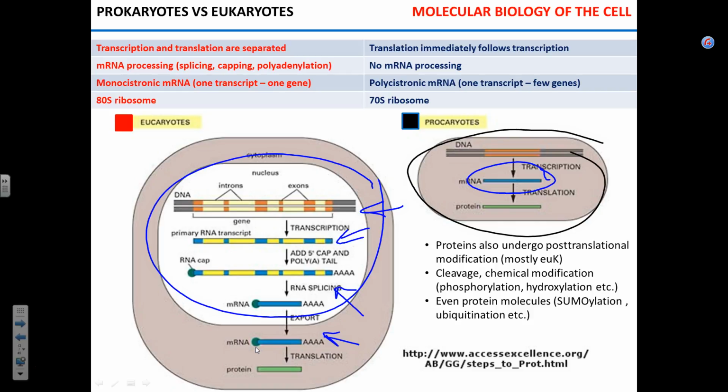Also, there are other modifications, such as adding the poly-A tail, which allows the RNA to leave the nucleus, and adding the so-called cap structure. It's a fairly large organic molecule. It's actually a nucleotide, guanosine, that is added to the 5' end of mRNA, and it's a signal for the ribosome to start translation.